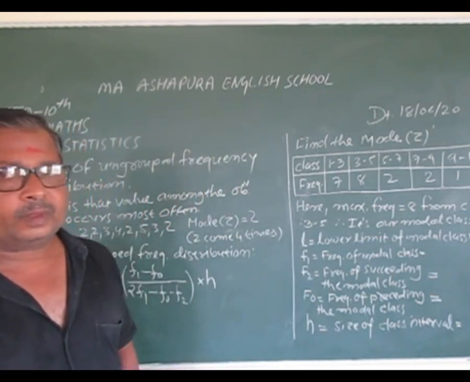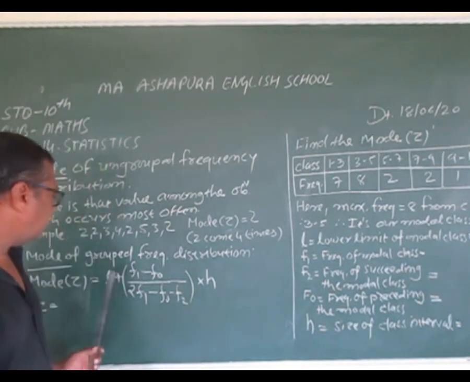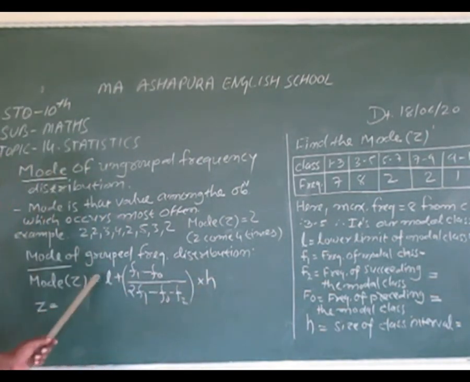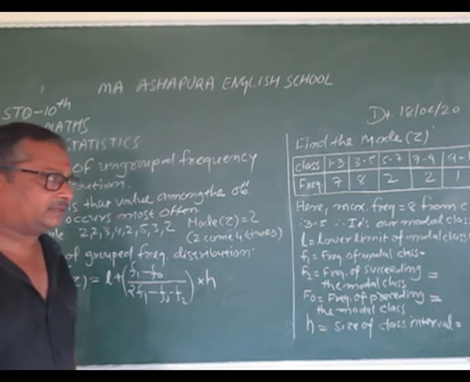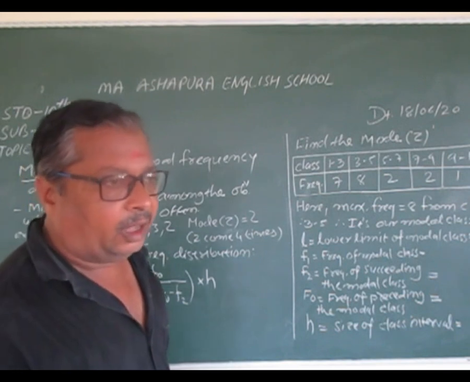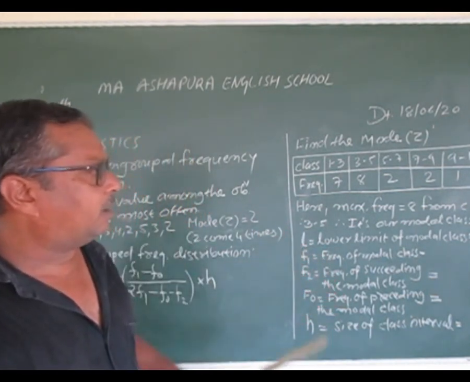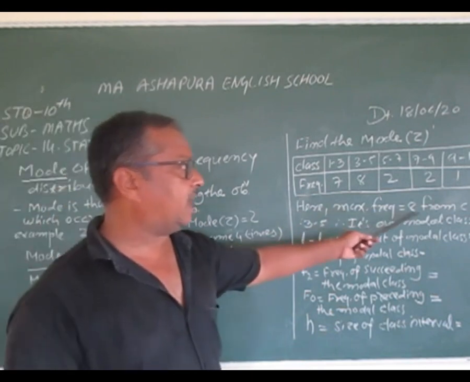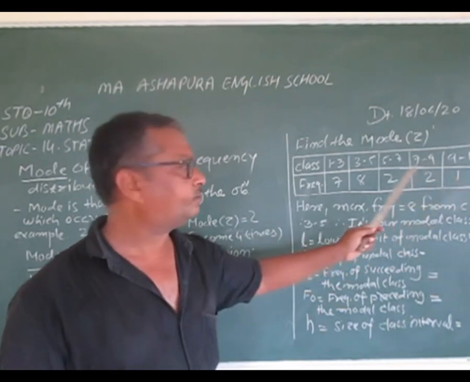Now, we want to find some quantities here for use in the formula: L plus (F1 minus F0) divided by (2F1 minus F0 minus F2), into H. So first of all, when we find the mode, the maximum frequency here is 8, from the frequency row.